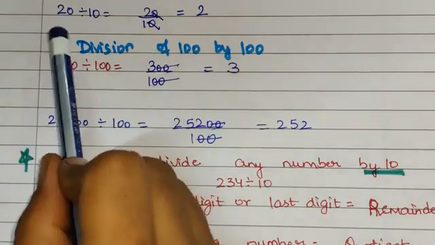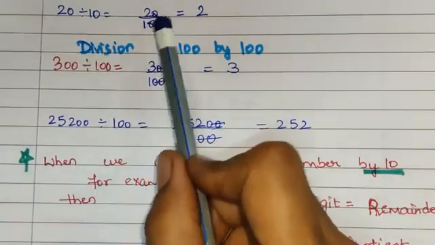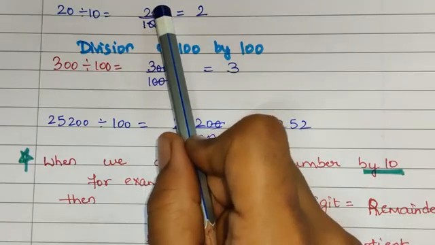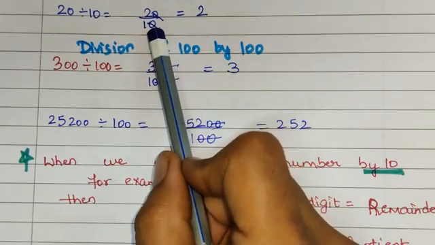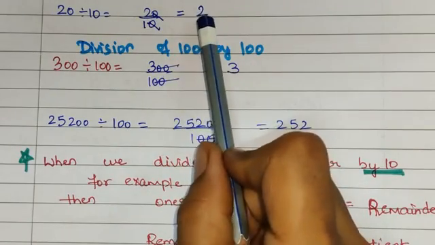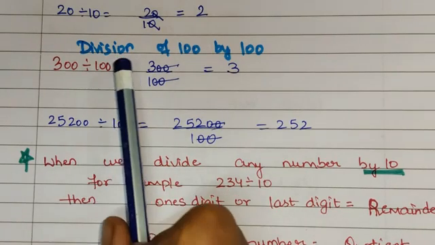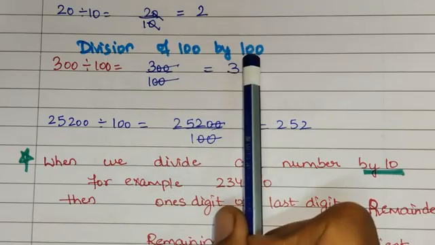See here, 20 divided by 10. We can write it 20 upon 10. Now see, 1 0 is there, 1 0 is there. Cancel it. What we get? We get 2 upon 1, or simply you can write 2. Now, division of 100 by 100.